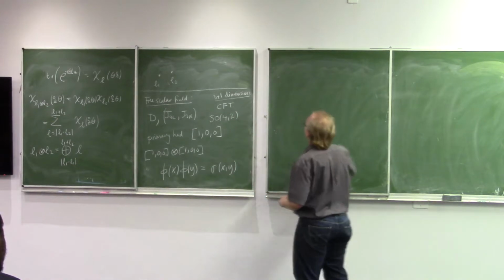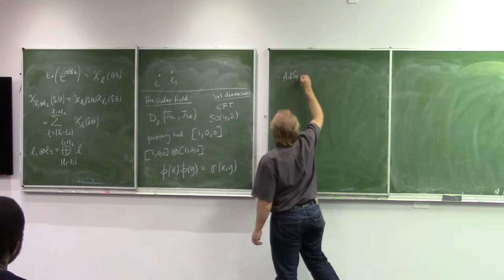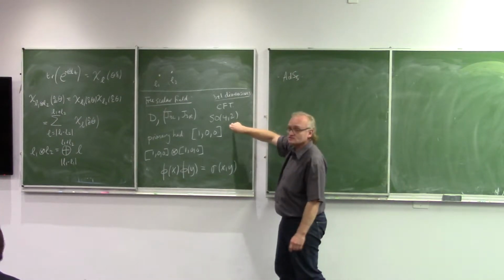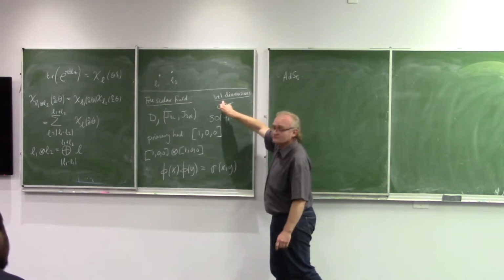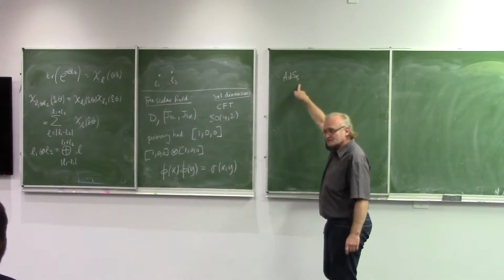If you now go to AdS5, the isometry of AdS5 is SO(4,2). Notice here we were in 3 space and 1 time dimension; here we're in 4 space and 1 time dimension.